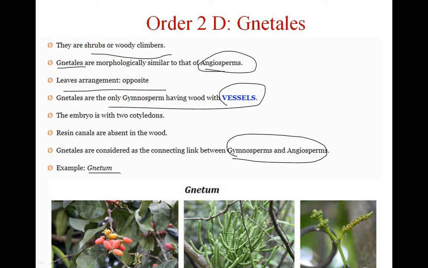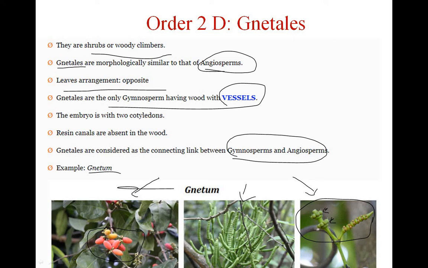Here Gnetum is a woody climber in the Amboli, Ajara area. These are common woody climbers, and in these diagrams these are the matured ovules, and these are the small immature male cones, and these are the female cones. You can observe here nodes as well as internodes, and here we can observe the naked ovules.